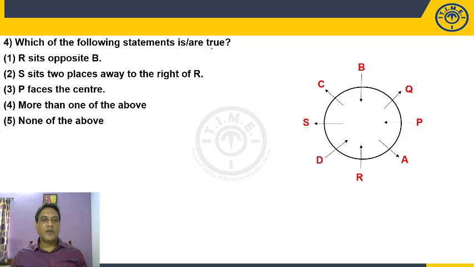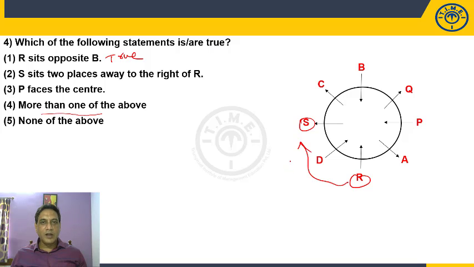Which of the following statements is true? See, we have more than one of the above as an answer choice. So if you find one statement is true, immediately don't mark it as an answer. R sits opposite B. True. S sits 2 places away to the right of R. Now S is here, R is here. 2 places away is okay.